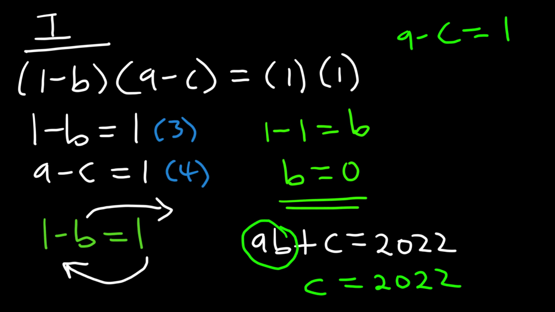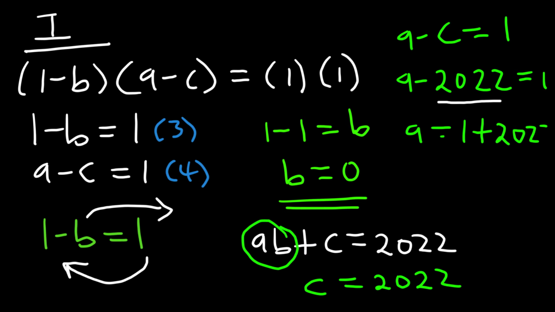And we found c to be equal to 2022. Therefore a minus 2022 will be equal to 1. And if we take this to the right hand side, we shall have a equaling to 1 plus 2022. And therefore a will be equal to 2023.